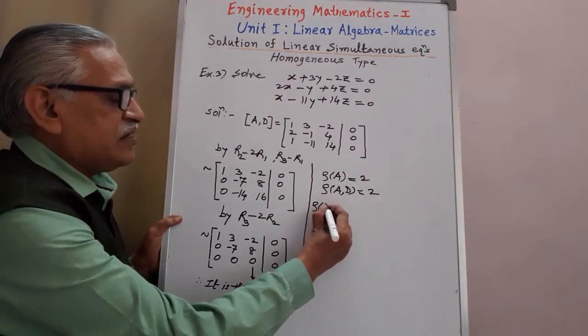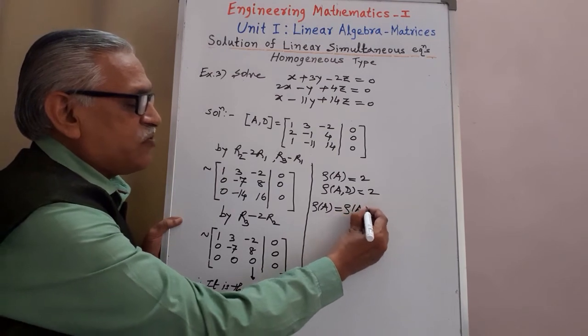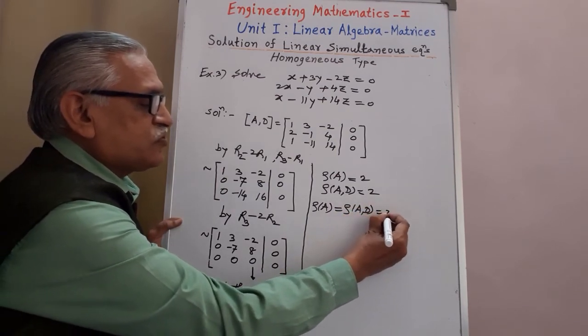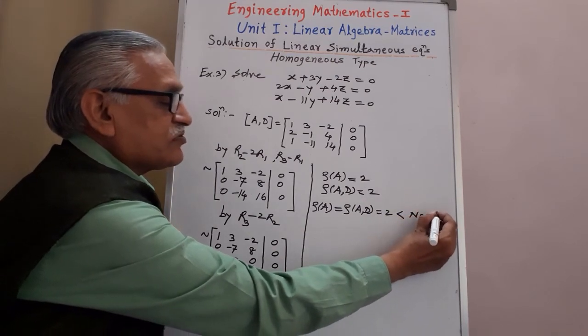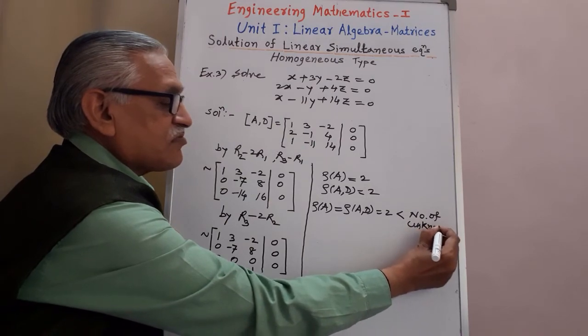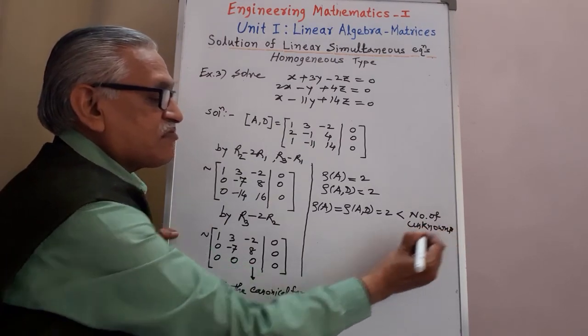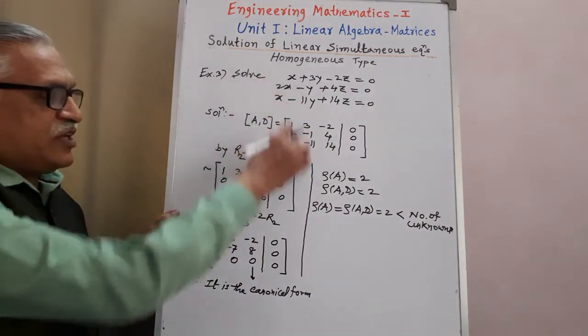Here, rank of A is equal to rank of the augmented matrix equals 2, which is less than the number of unknowns. Here unknowns are 3.